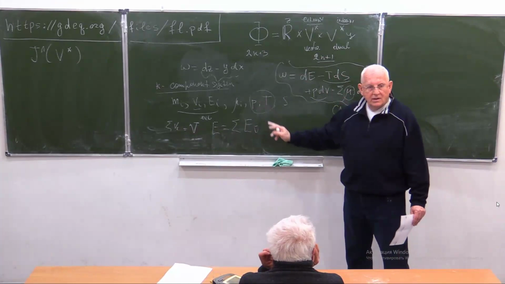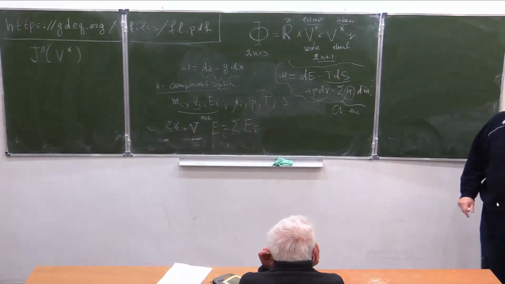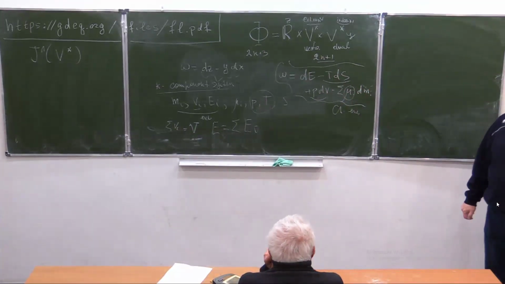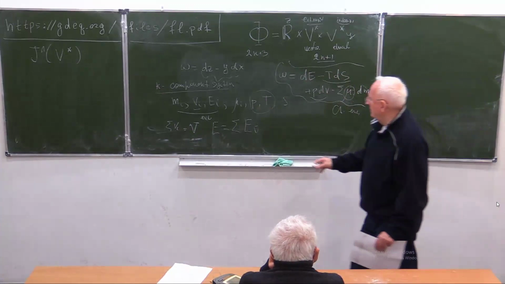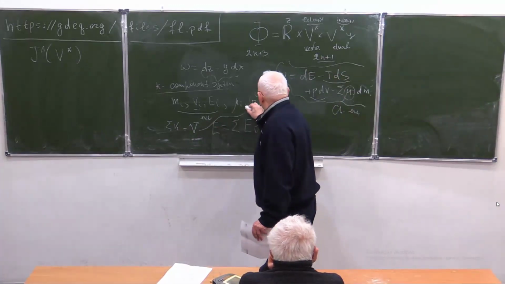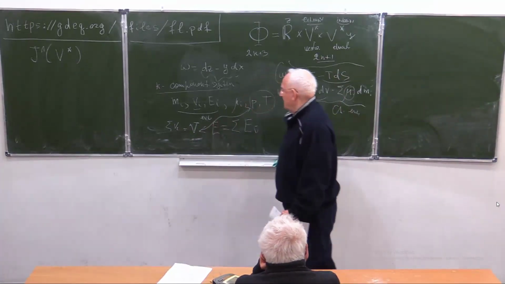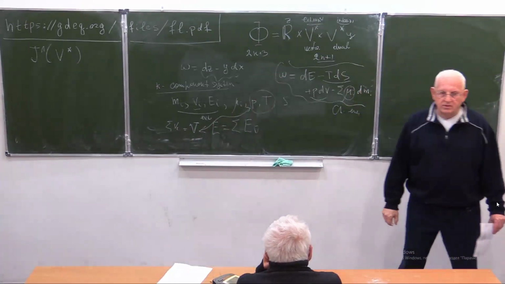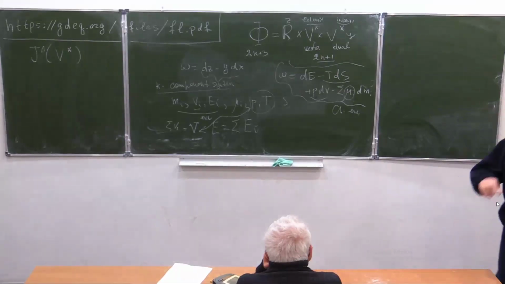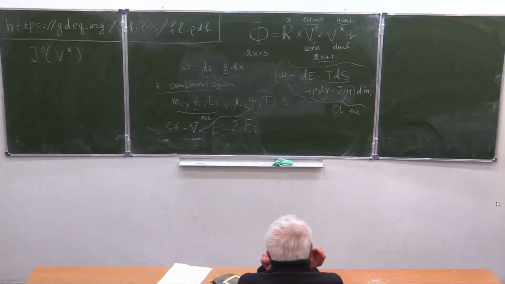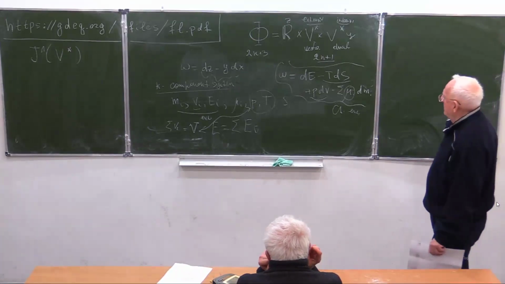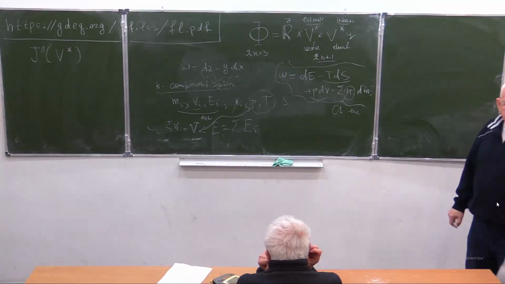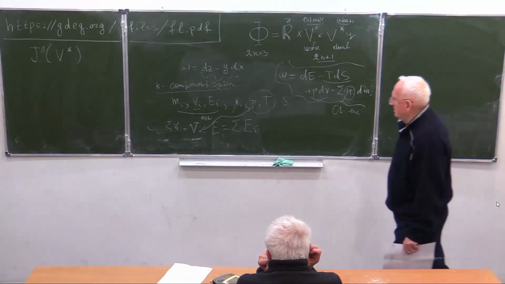That is, P_i are equal to P. There is no P_i at all. You say that these are dual to those. It is the sum of partial volumes.